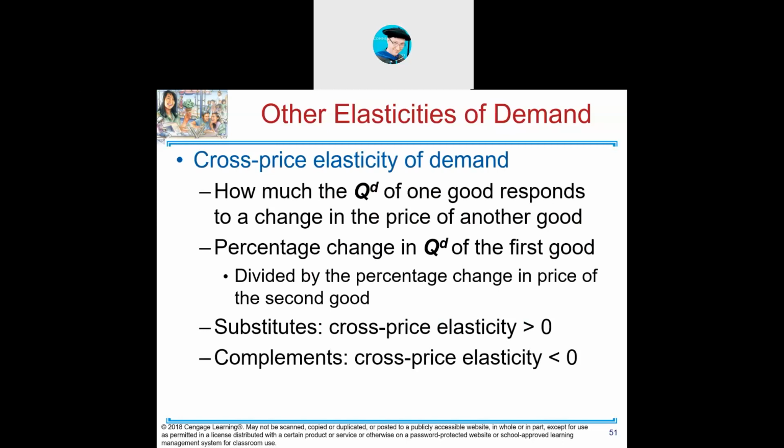But this is one example. Cross price elasticity: when the quantity demanded of a good responds to the change in the price of another good, the percent change in the quantity of the first good is divided by the percent change in the price of the second good. We call these substitutes and complements.